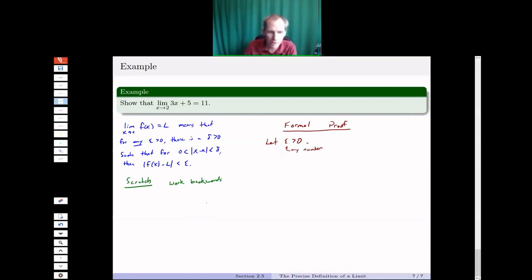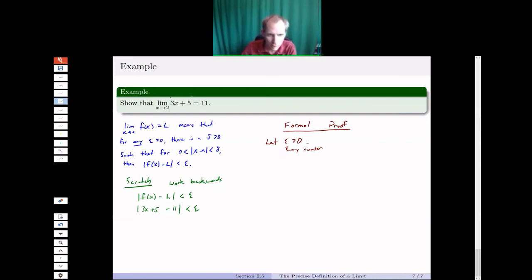So what I'm going to do is say, okay, what would this look like? Let's look at the ending thing: the absolute value of f of x minus L less than epsilon. My function f of x is 3x plus 5. The L is 11. And epsilon is just a number epsilon, right?